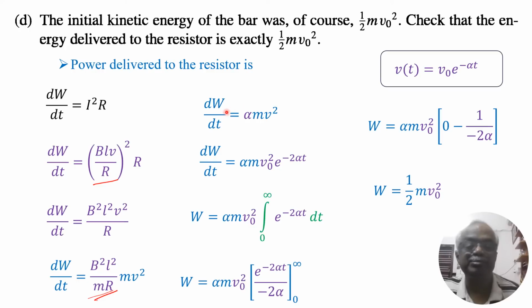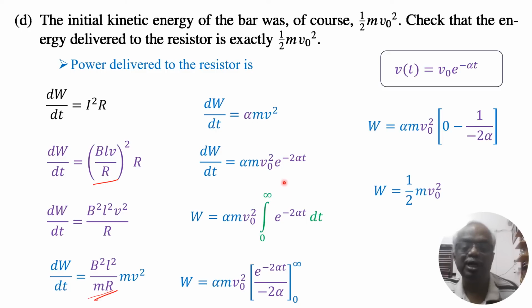So the rate of change of work done is equal to alpha times m times v squared. From the previous section, section C, we have seen v of t is equal to v naught e to the power minus alpha t. Substituting it here, v naught becomes v naught squared, and the exponential term becomes e to the power minus 2 alpha t. Already there is alpha m.